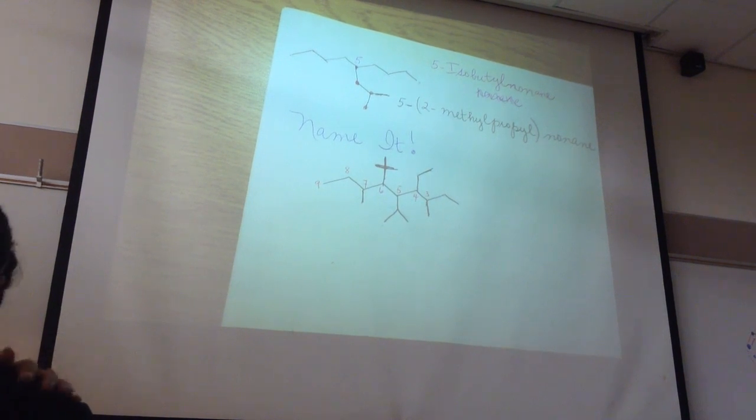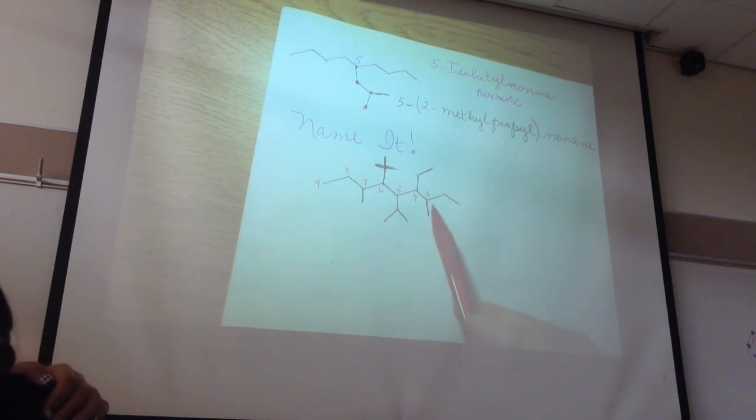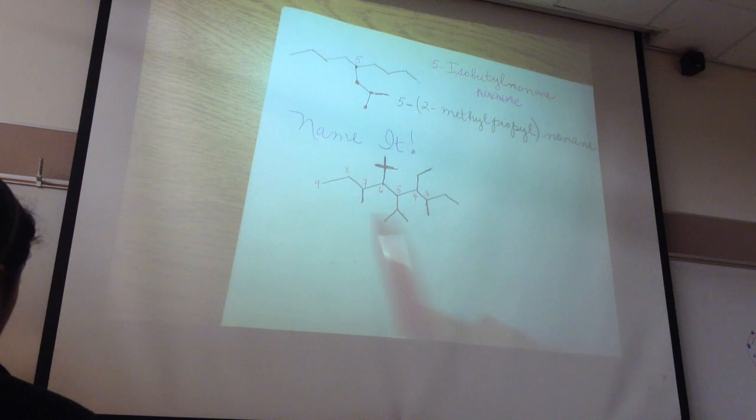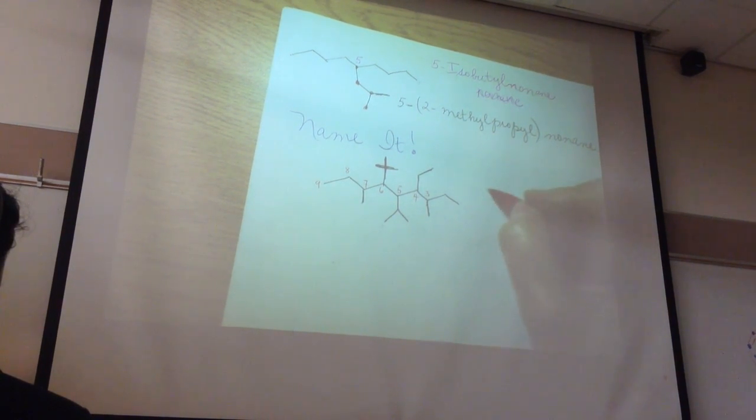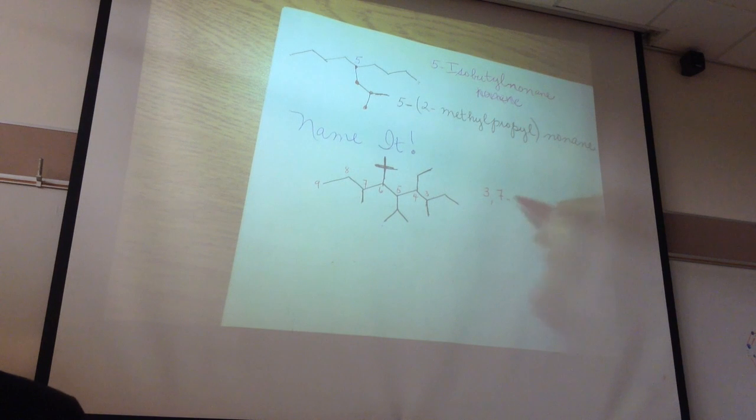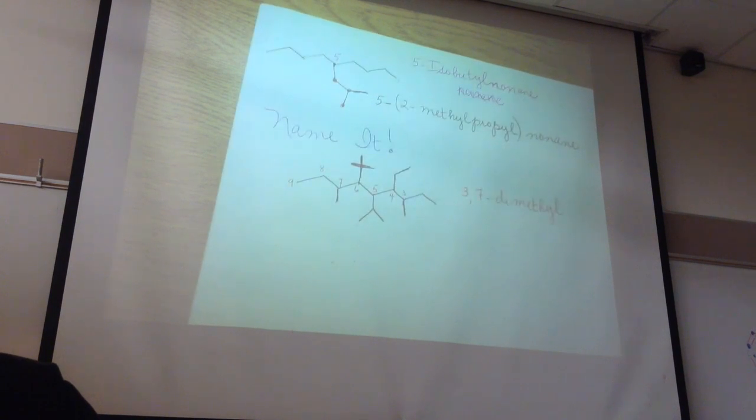I'm going to start with the numbers. The substituent on 3 is the same as the substituent on 7, so 3 and 7 are going to be called dimethyl. I'm just being systematic. I don't know if that's what I'm going to do at the end. I'm just grouping things that are alike.